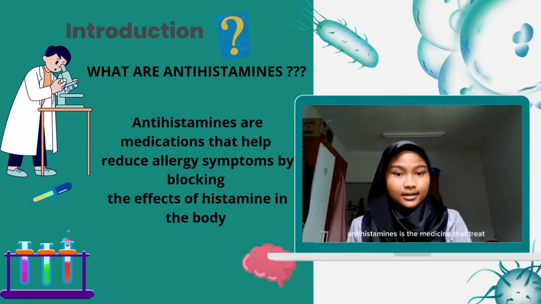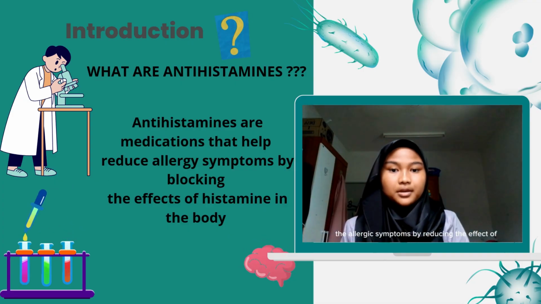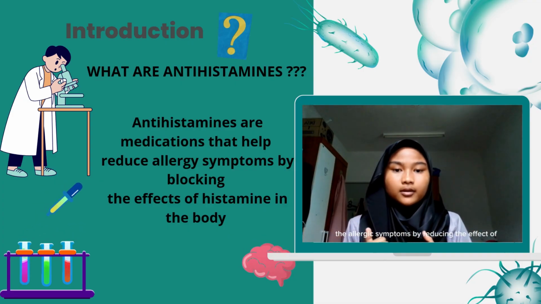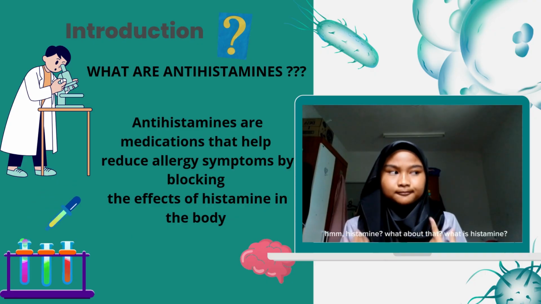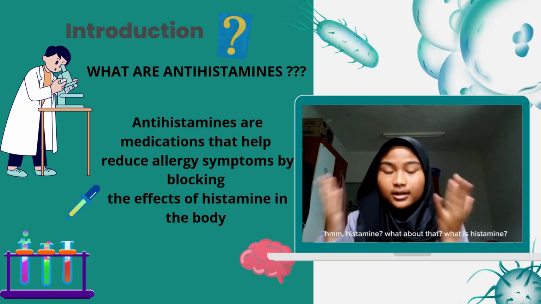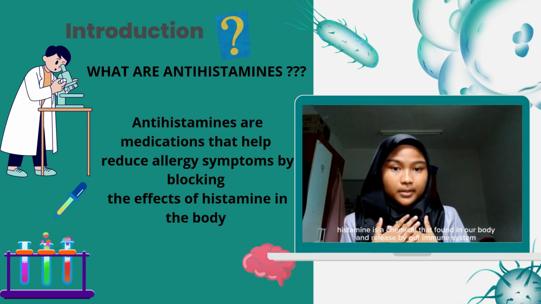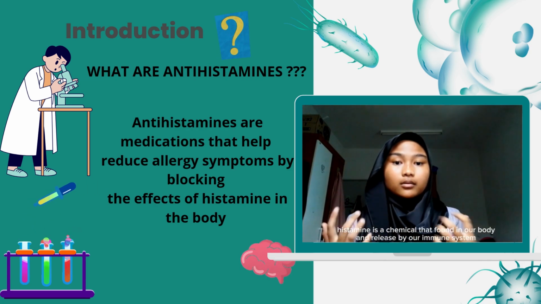Antihistamines are medicines that treat allergy symptoms by reducing the effect of histamines in our body. Histamine? What is histamine? Histamine is a chemical found in our body and released by our immune system.